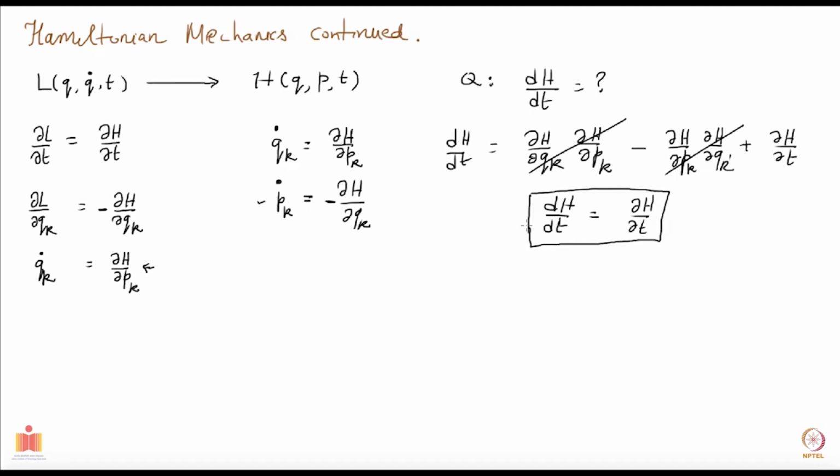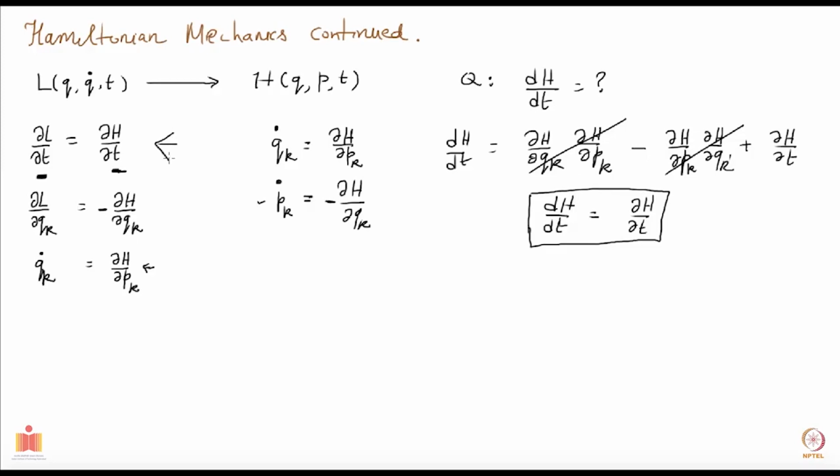You can say more because you also know that the partial derivative of H with respect to time is equal to ∂L/∂t. Now, if your Lagrangian didn't depend explicitly on time, then your Hamiltonian will also not depend explicitly on time. That is what this equation is saying.